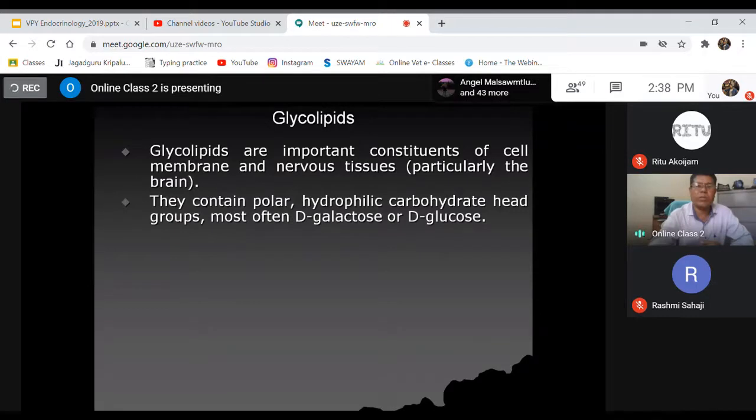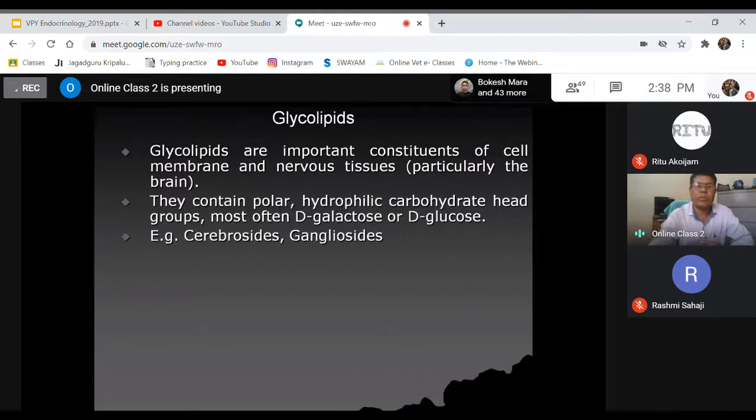They contain polar hydrophilic carbohydrate head groups. Most often, the carbohydrate present is D-galactose or D-glucose.